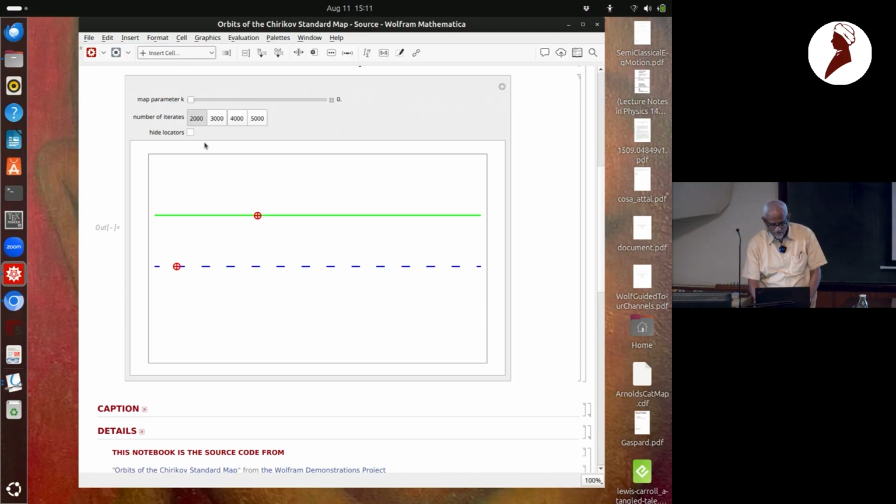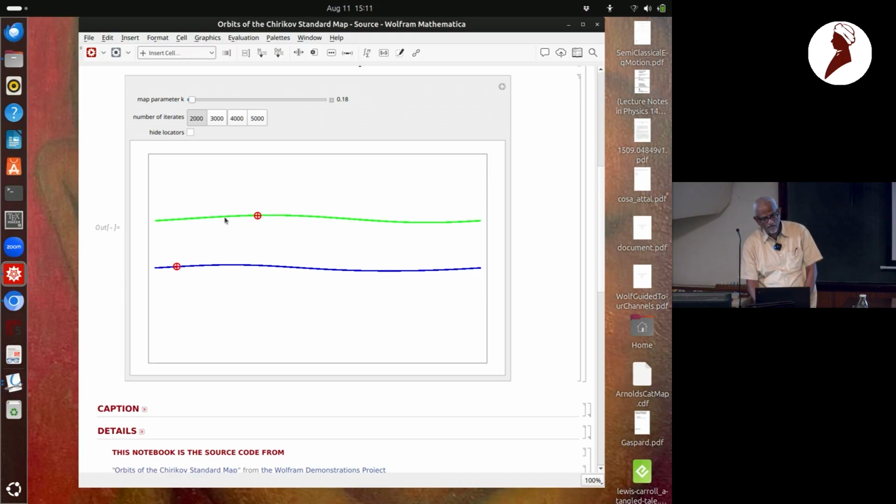Now let us increase the perturbation. You're making it near integrable. We should expect from KAM that these irrational tori remain. This is what the KAM theorem says, that these tori remain as tori, they just get deformed. Otherwise they remain the same.